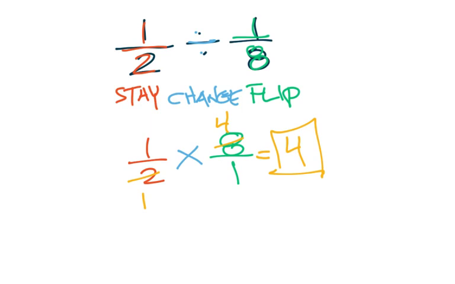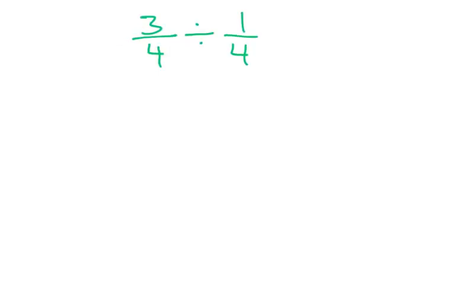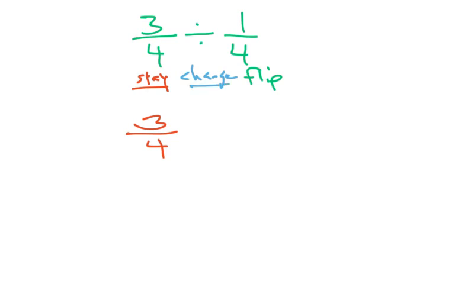I'll show that in the next one. Kind of cool idea, huh? Let's try another. 3/4 divided by 1/4. Now, if we remember that division is multiplication of the reciprocal, and we're going to operate under these 3 simple words, stay, change, flip, then that means this 3/4 is just going to stay. The change refers to making it a multiplication problem.